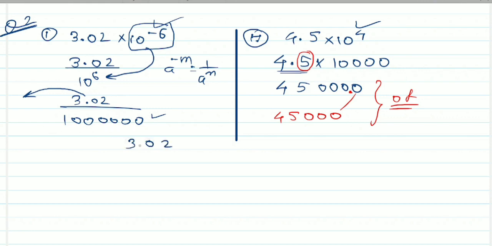The decimal point was here, it's going to move 6 places to left. So first, second, third, fourth, fifth, sixth. So this decimal point is moved by 6 places to its left. So actually the point will be here now. It's not going to be here. So point is moved there and there is 0 again here. So this is the final answer.